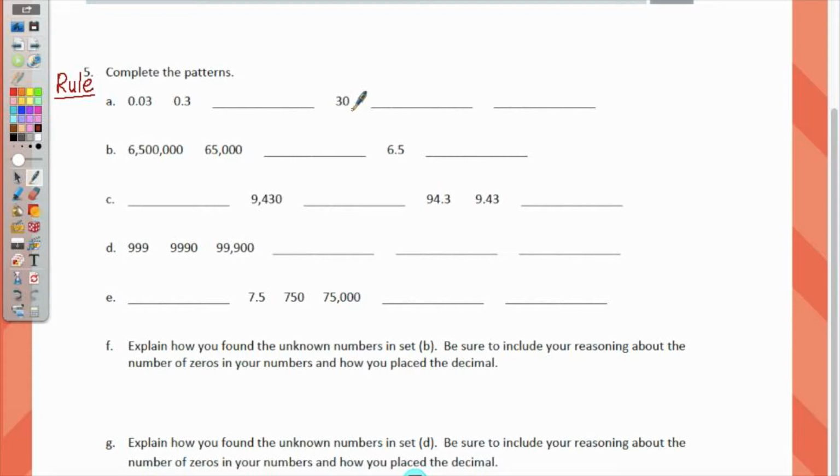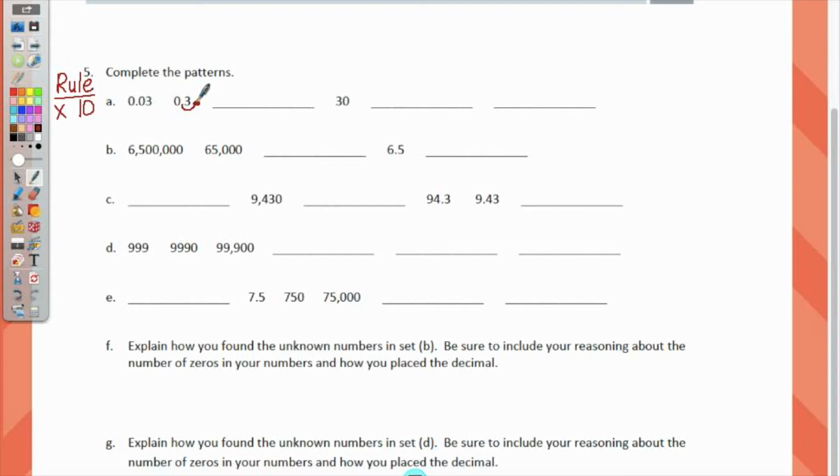And then what about 30? Do we know it's larger than 3/10? So what strategy will I use on this first one? I've got to multiply. How many place values did they change each time? They changed one place value, so that's multiply by 10. That's the rule. Now, to solve the one with 3/10 times 10, can I just add a 0 to the end? No. I have to hop the decimal.